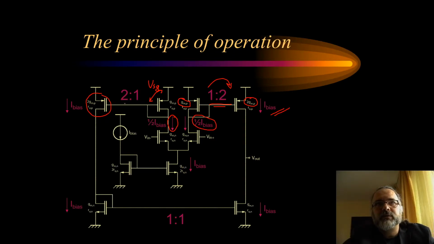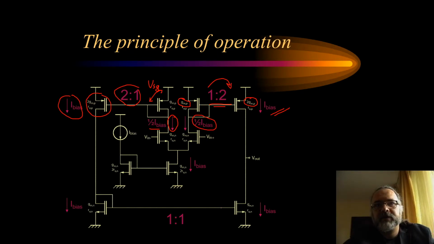This transistor is 2 times bigger than this transistor, so the ratio 2 to 1. And then this means that this current will be copied here with a ratio 2 to 1. And hence we have the bias current here. So this is the same current as here.